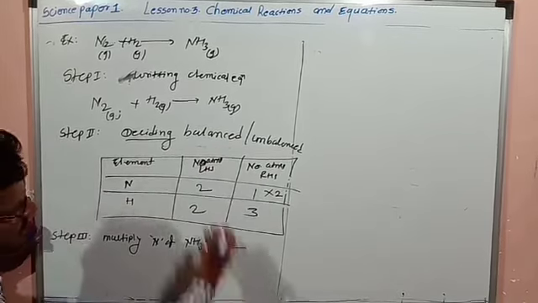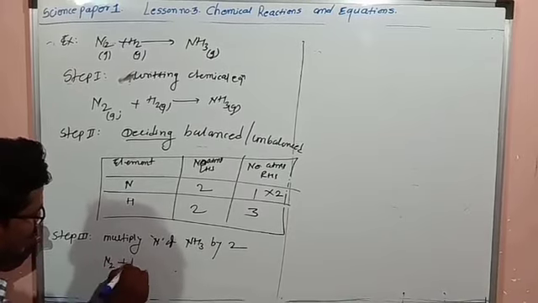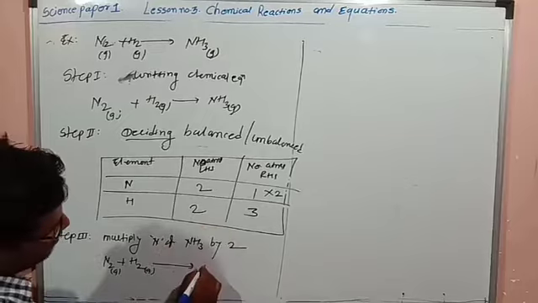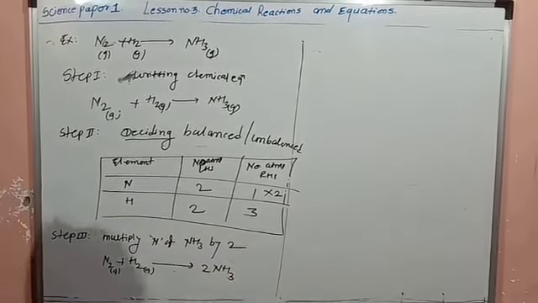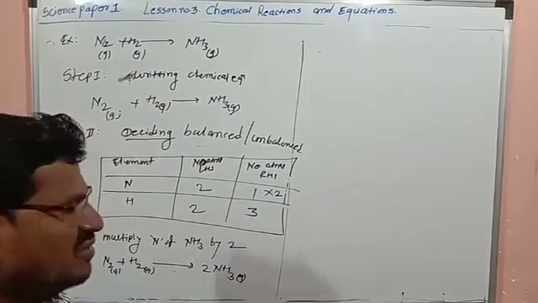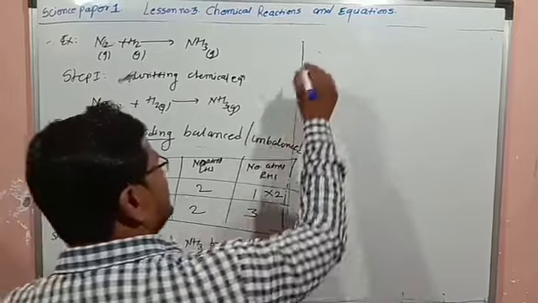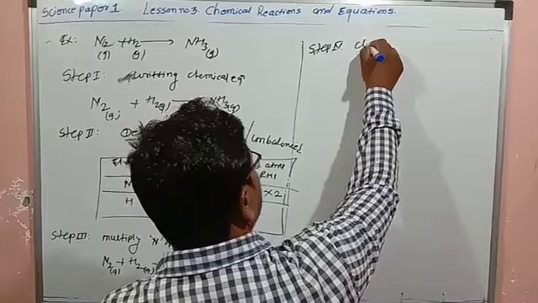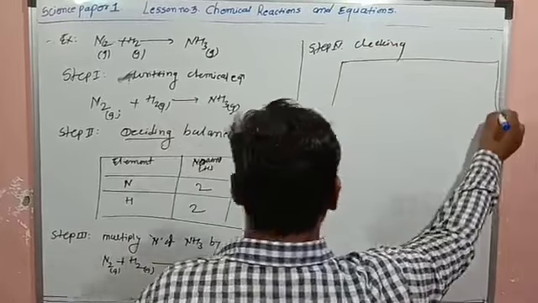If you multiply there, then it becomes N2 plus H2, both gaseous, which gets converted to twice NH3, also gaseous. After this also you have to check whether this chemical equation is balanced or unbalanced. Step number 4 is checking. In that checking, again you have to make a table.